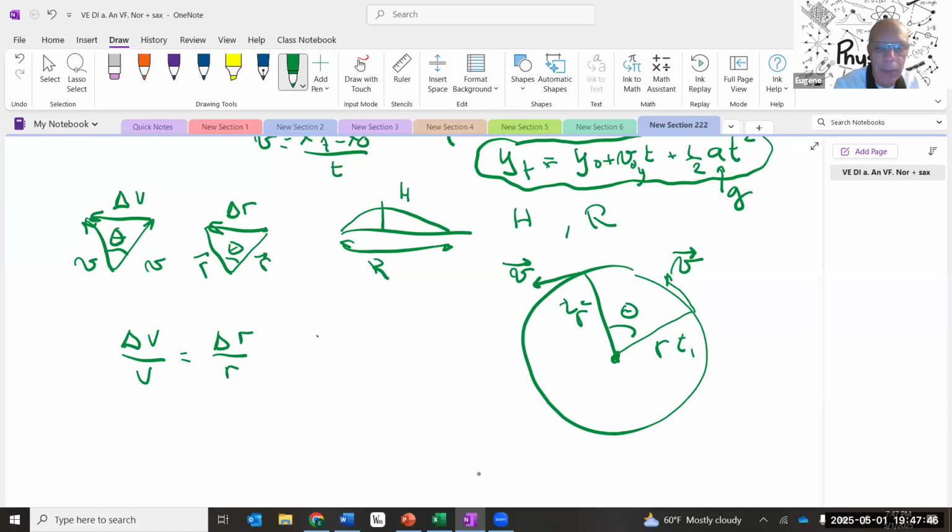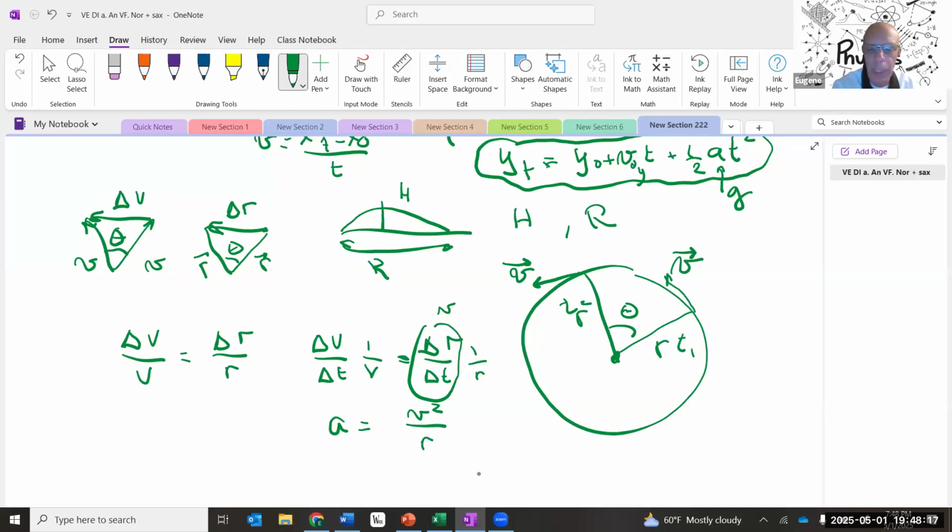So I can relate delta v over delta t, and then 1 over v. And here I have delta r over delta t, 1 over r. This here is an equal sign. Now this is velocity, and this is velocity also. So this here is a. I move this v to the other side, and then I have v squared over r. So this is what we call the centripetal acceleration.